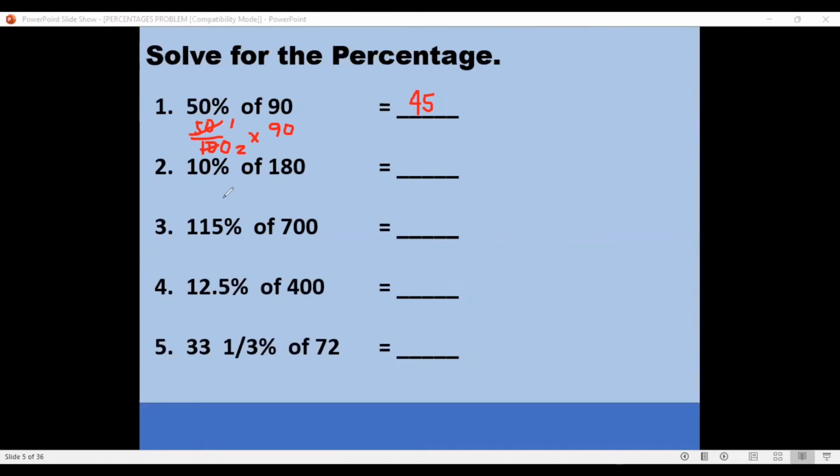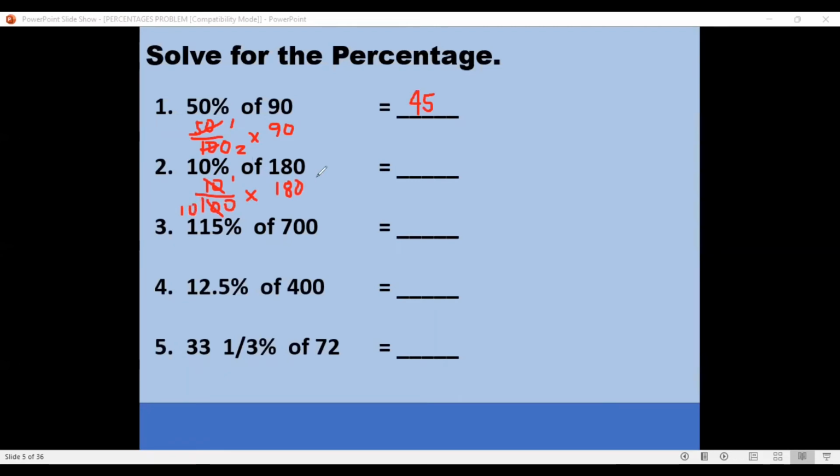You can just move the decimal point one place to the left, because 10% is actually 10 over 100, and that simply means that if you are going to have 10 over 100, that is the same as 1 over 10. And this simply means that we are dividing the number by 10.